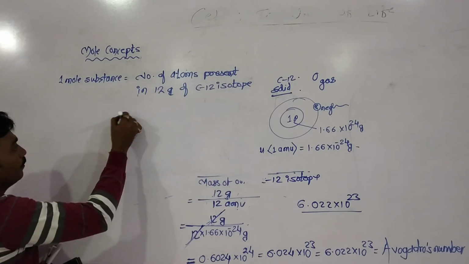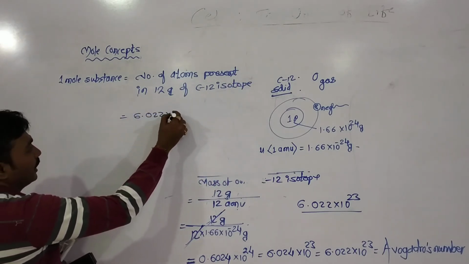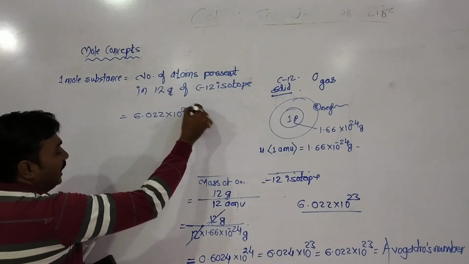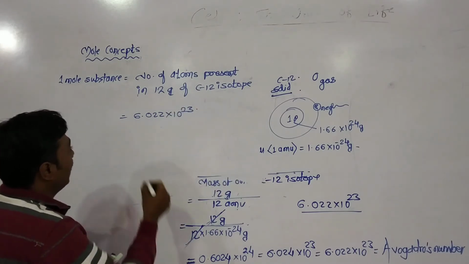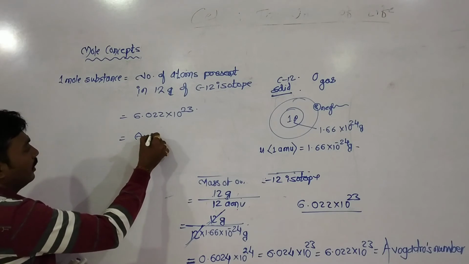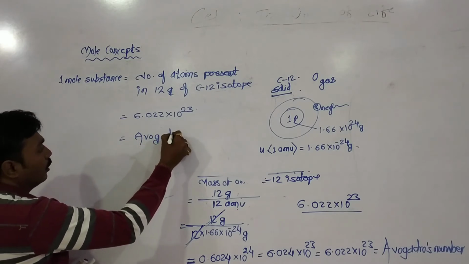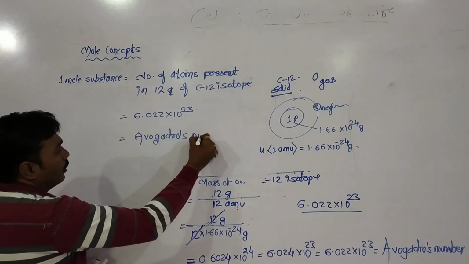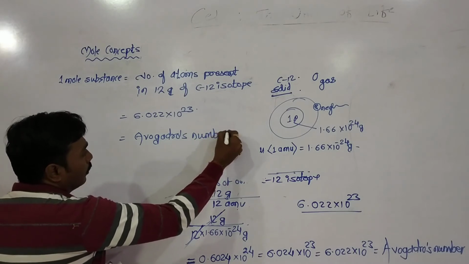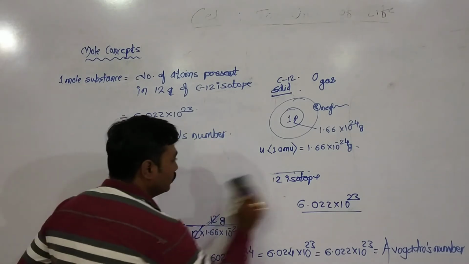That is found to be 6.022 into 10 to the power 23 from this discussion, and this is called Avogadro's number.